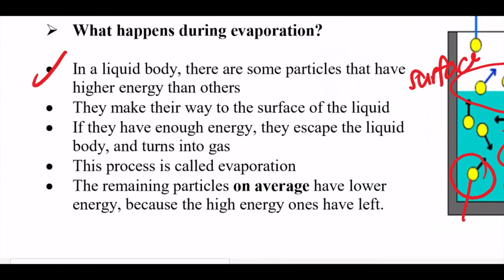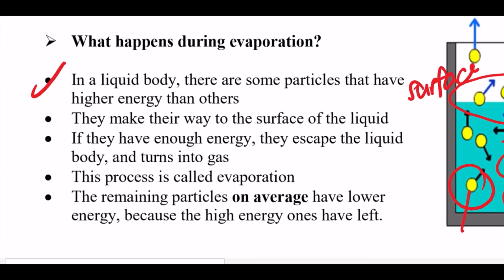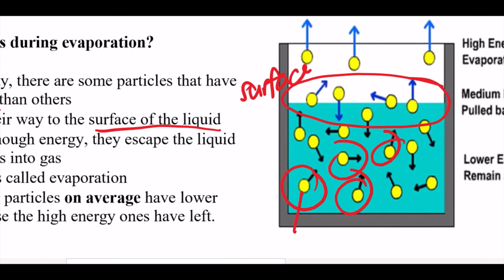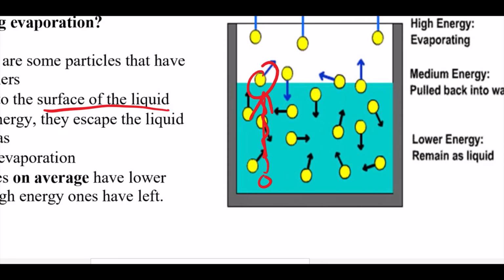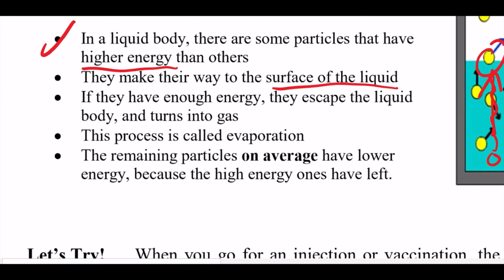These higher energy particles make their way to the surface of the liquid. Let's say this particle here, originally it was here. It has high energy, so it wiggles its way up to the surface of the liquid. If the energy is high enough, they can so-called evaporate off. They can escape the liquid body and turn into gas.